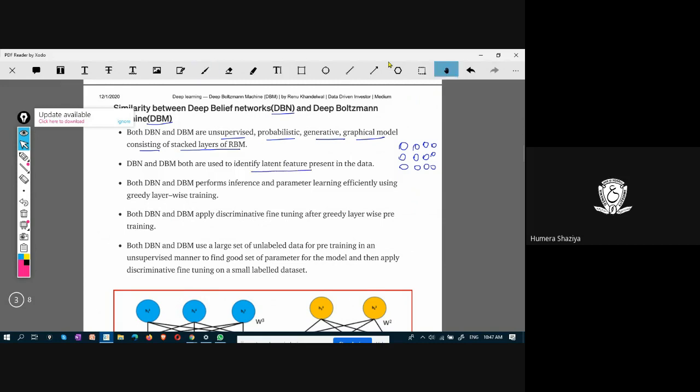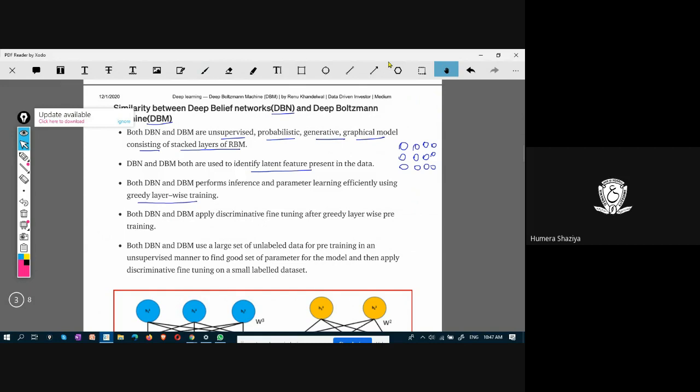Both DBN and DBM are used to identify latent features. Latent features are those that are hidden in the input variables, which are used for the representation of input. Both DBN and DBM perform inference and parameter learning efficiently using greedy layer-wise training. Layer-wise training means not training the entire model at once.